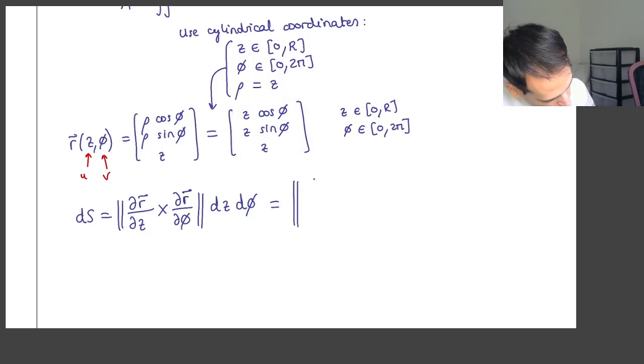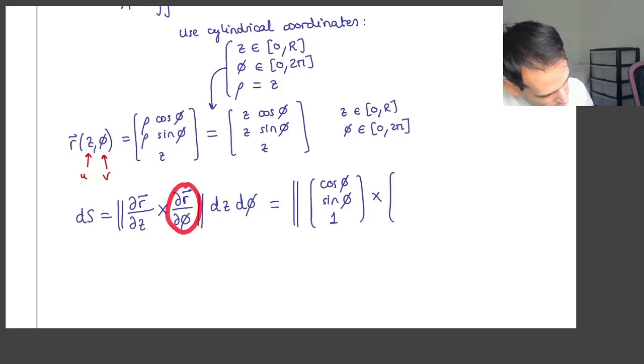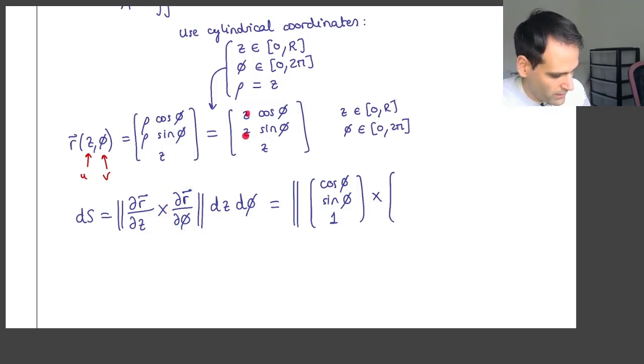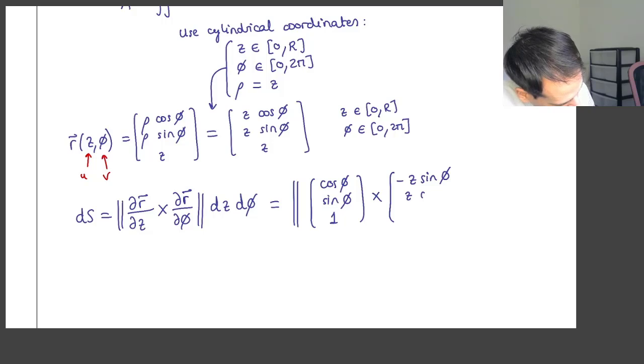So that's going to be the vector cosine phi, sine phi, 1, cross product the partial derivative of r with respect to phi. So we need to do the partial derivative of this vector with respect to phi, assuming that z is constant. So this is minus z sine phi, z cos phi, and 0.